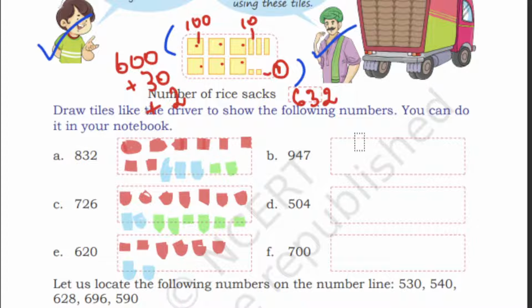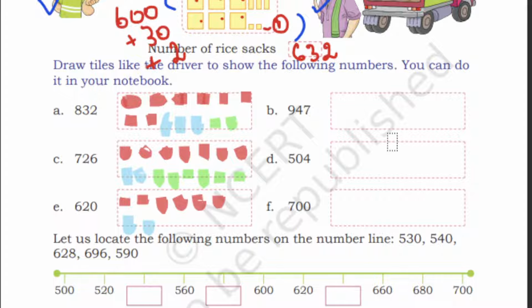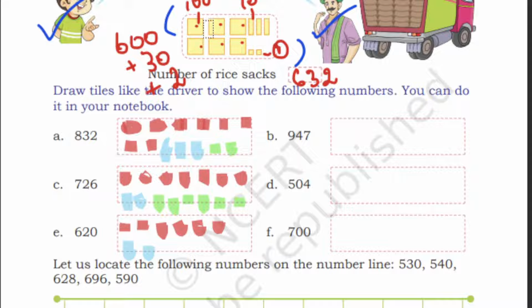You can do it by yourself. Okay. So do in your notebook, and if you want to do tile like this, I'll show you how to do that also. Let me take a yellow one. Okay. Let me do for 500.